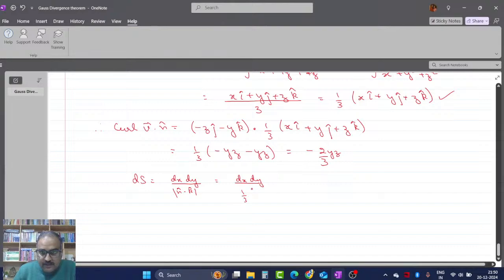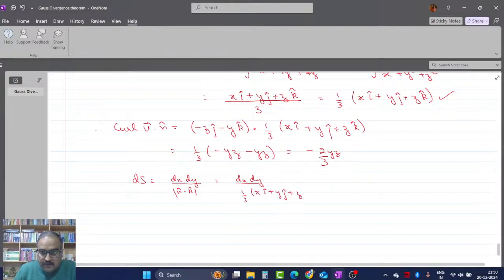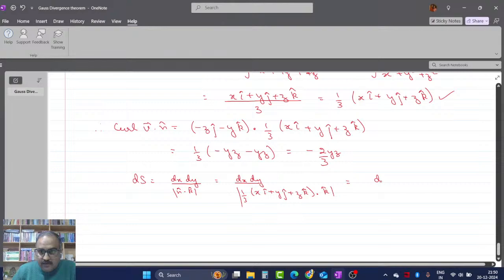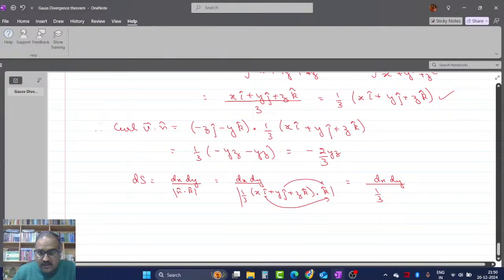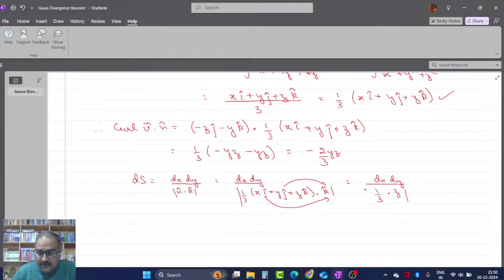So 1 by 3 x i cap y j cap z k cap dot k cap magnitude. So it will be dx dy over 1 by 3 (i dot k 0, j dot k 0, k dot k 1) into z magnitude. So I can write this one, 1 by 3 को मैं 3 लिख रहा हूँ, 3 dx dy over z. तो ये टर्म बनी मेरे पास.